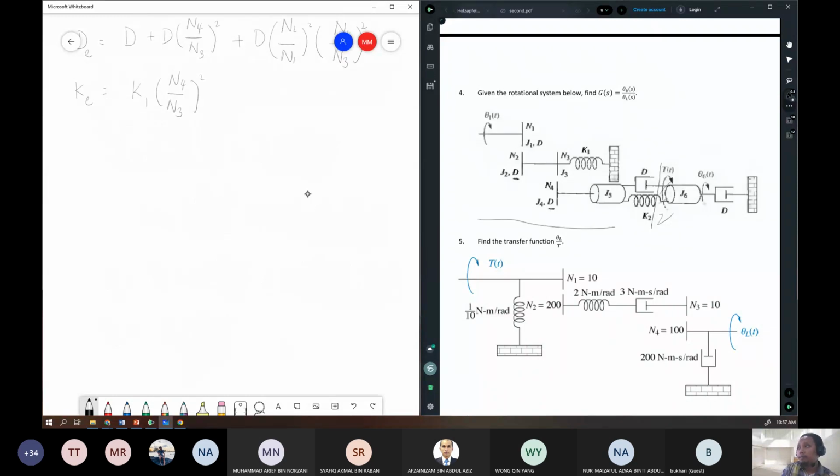So we have J equivalent here, and then a damper, a spring, and these are connected with J6.